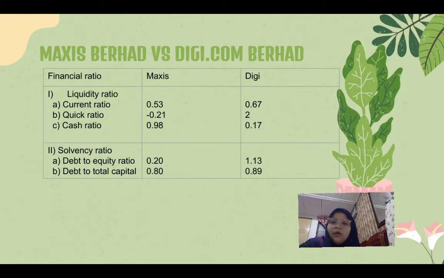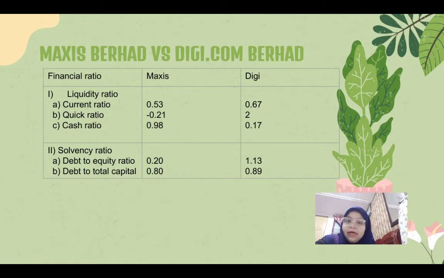This shows how Maxis is adept at making the difference between income and the cost of goods sold by income. Gross margin is expressed as a percentage.